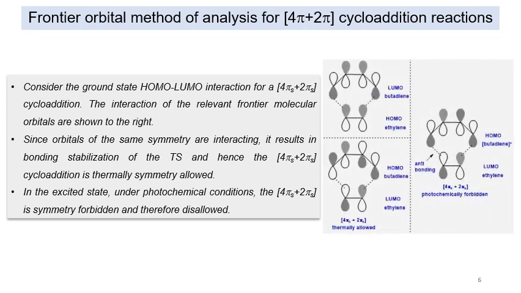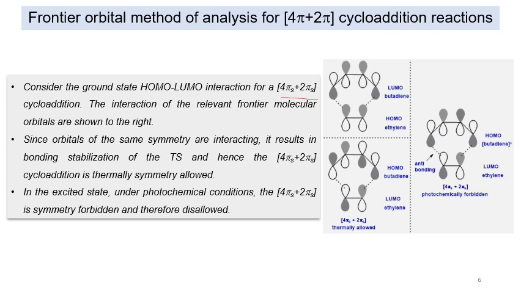We had seen earlier in the previous class the frontier orbital method of analysis for 4pi plus 2pi cycloaddition reactions. So we had seen in a 4pi s plus 2pi s cycloaddition, the interaction of the frontier molecular orbitals have the same symmetry when they are interacting.